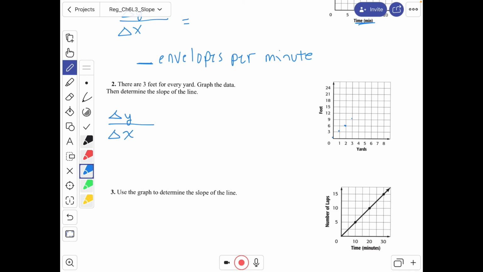And you can do the change of y from your graph, or you can remember that the rate is the number that we're multiplying. So that's going to be some number, feet per yard.